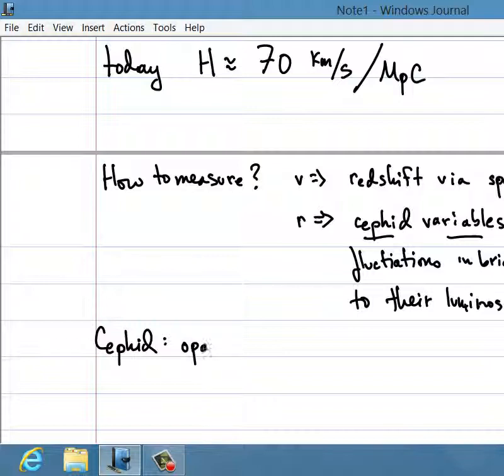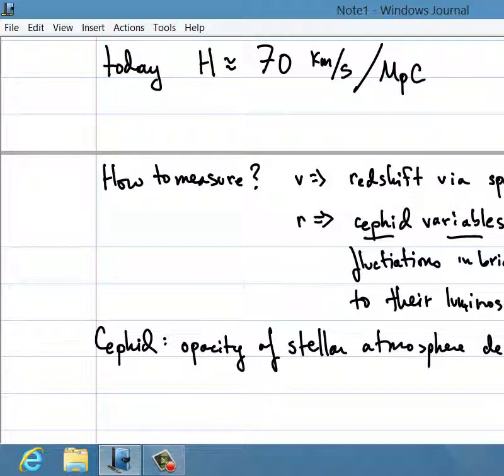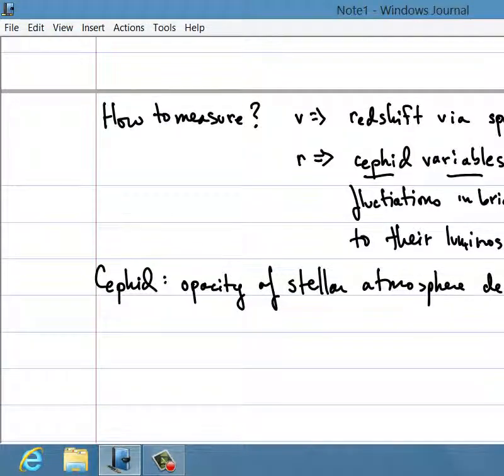A Cepheid variable star is a star where the opacity of the stellar atmosphere decreases with the temperature of the star. So what does that mean?